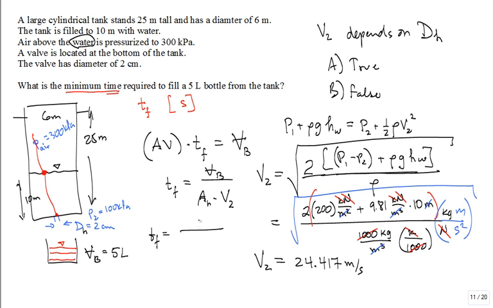Okay, the volume was 5 liters. How many meters cubed is 5 liters? Is that 0.005 meter cubed? Yep. And then the area, pi times 0.02 meter squared over 4, times the velocity, 24.417 meters per second.